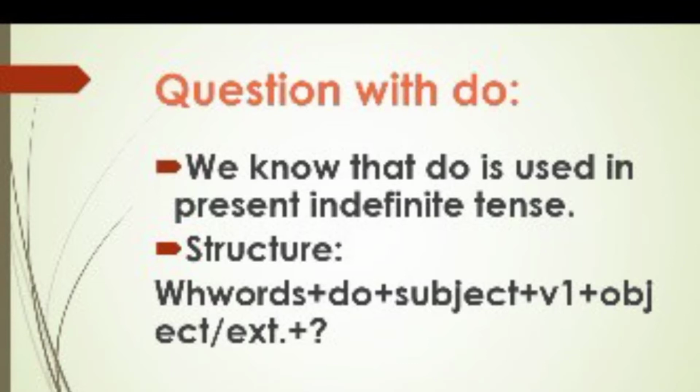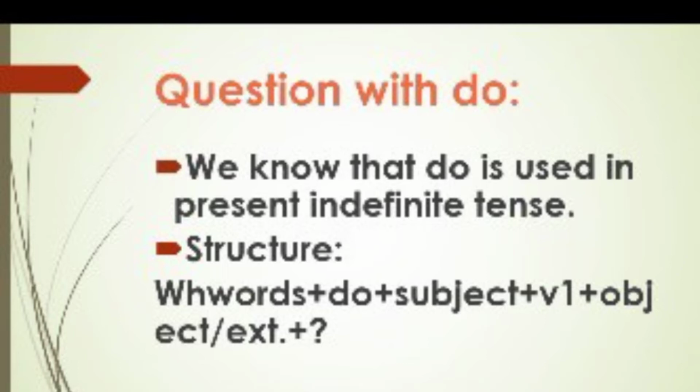Question with do. We know that do is used in present indefinite tense. And in present indefinite tense, what structure should we use at the time of making any question? So let's see what the structure will be. At first you have to write down the WH word, by seeing the underlined word.